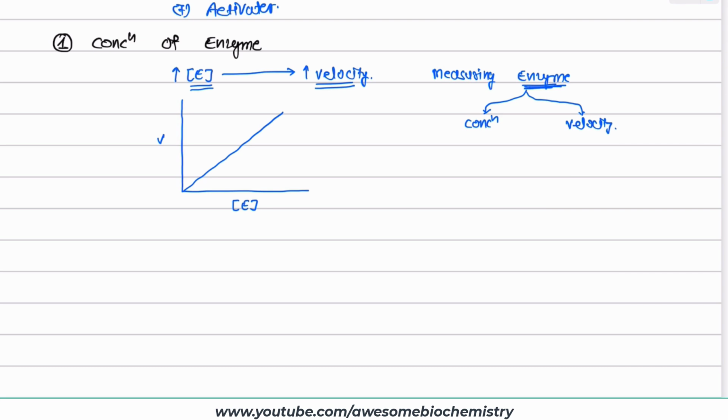For most enzymes and in most clinical laboratories, velocity measurement is preferred over concentration. Concentration is rarely measured for the enzyme. Rather, velocity is mostly measured. Why? Because if we know the velocity, we can get an idea about the concentration of enzyme, and measurement of velocity is the easier process, right?